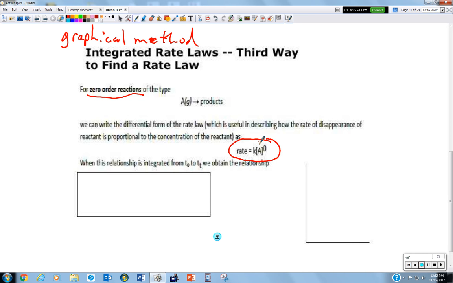Now, if we integrate this with time, the relationship that you get is concentration of A minus the original concentration of A equals kt. And I think that's actually a negative kt. Negative kt.